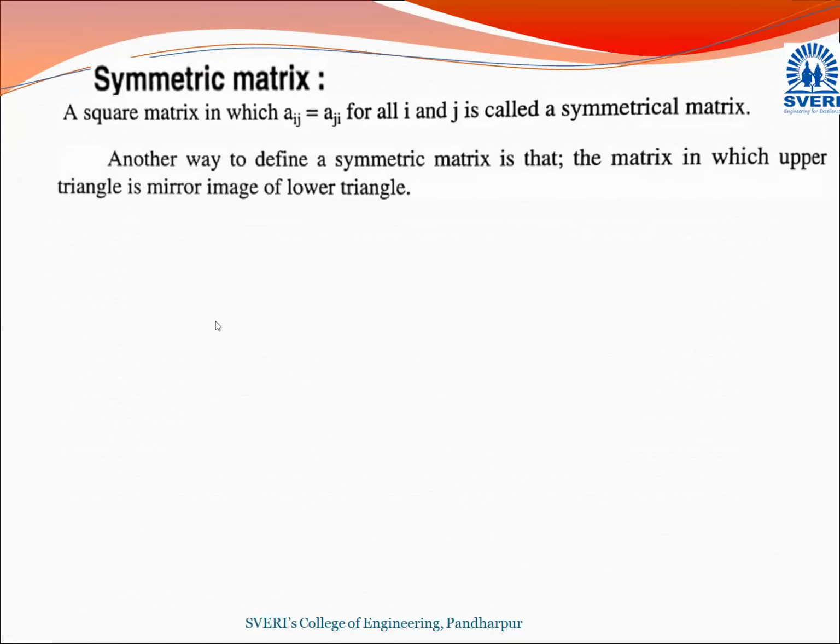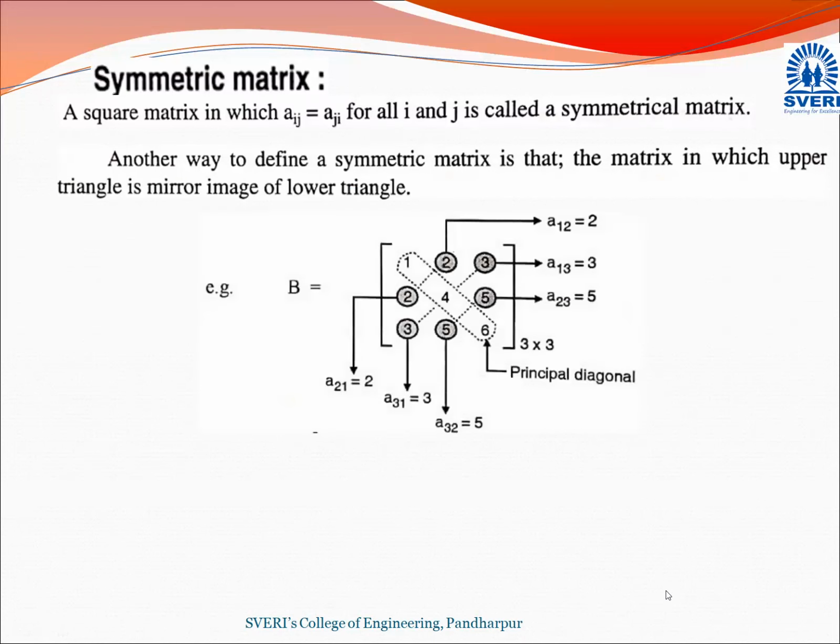Now the symmetric matrix. A square matrix in which Aij is equal to Aji for all i and j is called a symmetric matrix. Another way of finding a symmetric matrix is that the matrix in which the upper triangle is the mirror image of the lower triangle. Means in this example, matrix B: 1, 2, 3, 2, 4, 5, 3, 5, 6.